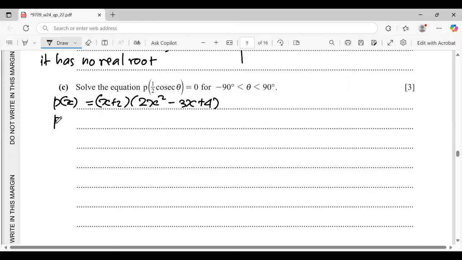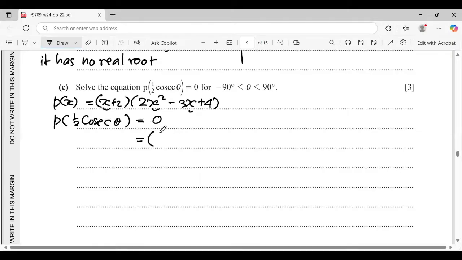So based on this statement, all x becomes 1/2 cosecant theta.